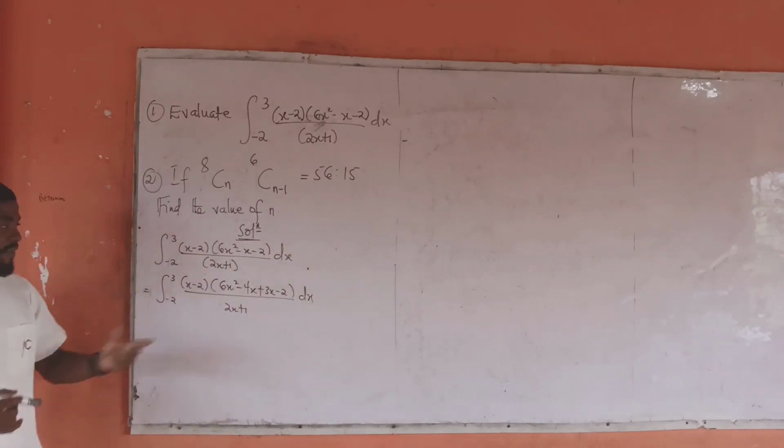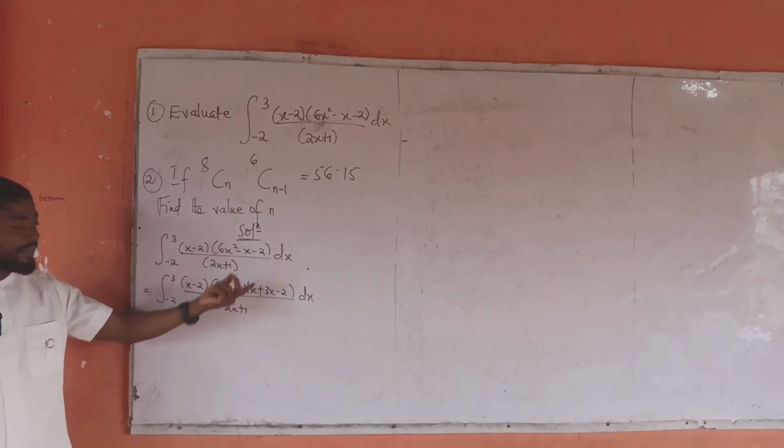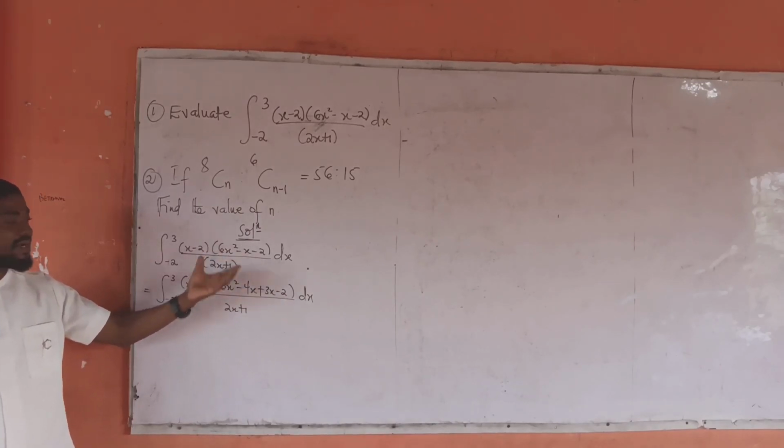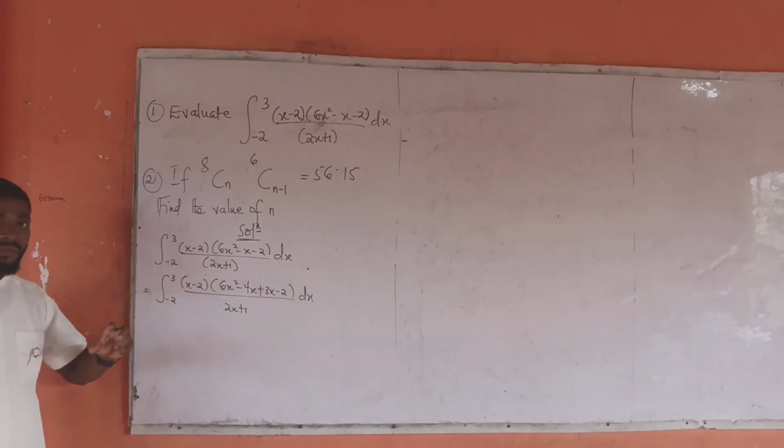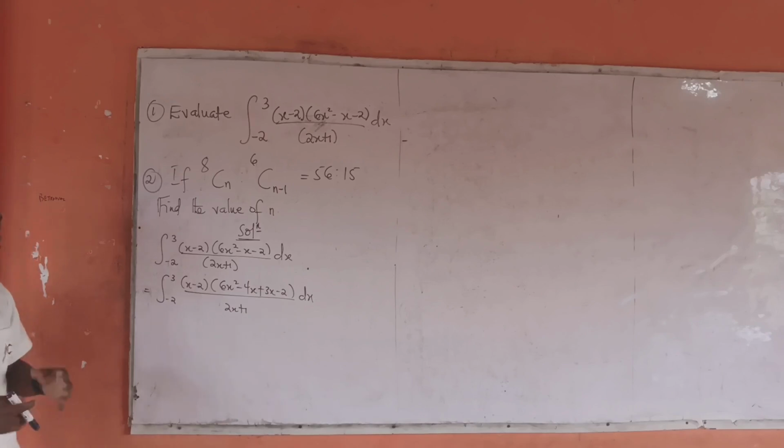All I did was to expand this side. When I simplify this, I'll get this one back. So I've just expanded this side, and then I'm trying to factorize it and see if it will work.